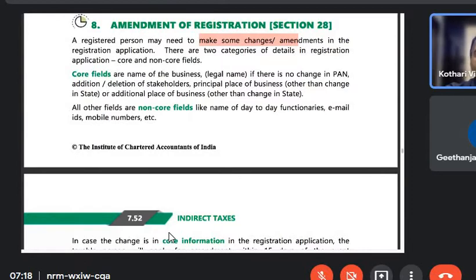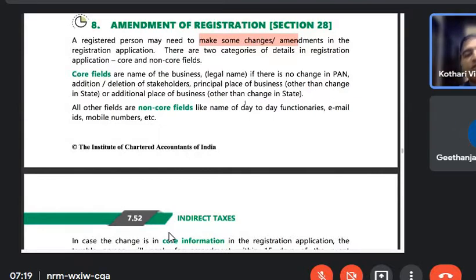Core fields are the name of business, legal name, if there is no change in PAN, addition, deletion of stakeholders, that is the partners, directors, all those things, then the principal place of business other than change in the state or additional place of business other than change in the state.